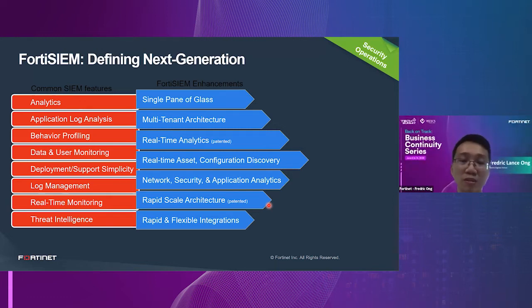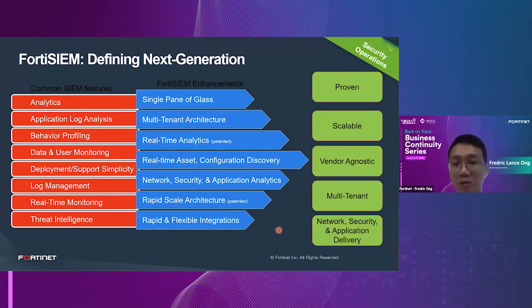Lastly, we also have rapid and flexible integration, specifically with hundreds of vendors that you can integrate, or they can send the logs to the SIEM for processing. Okay, on the right, you can see some of the key summary takeaways of the FortiSIEM in terms of capability and network as well as reporting.